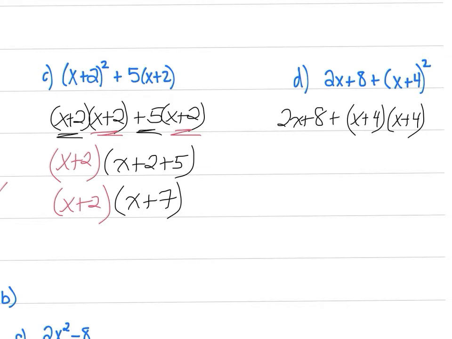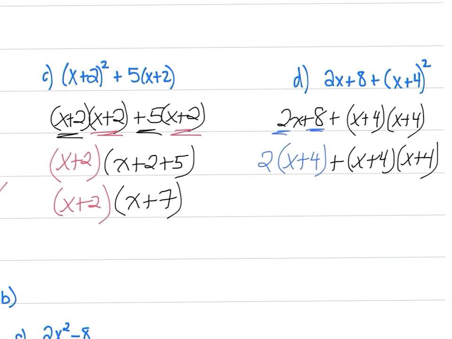And I might notice that I can factor out a common factor between 2x and 8. I can take a 2 out of that. So 2 times x plus 4, isn't that the same thing? Notice it. Now, the most important thing I want you to remember is this. This plus sign needs to keep coming down. Notice how I haven't lost it. Very important to keep that plus sign.